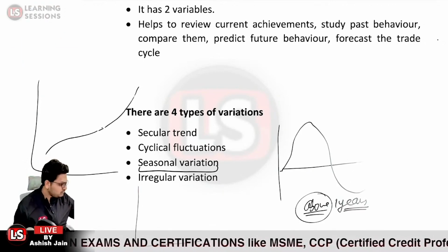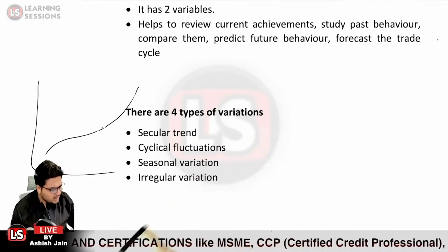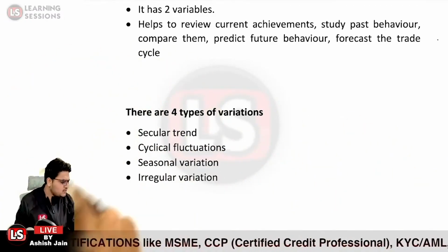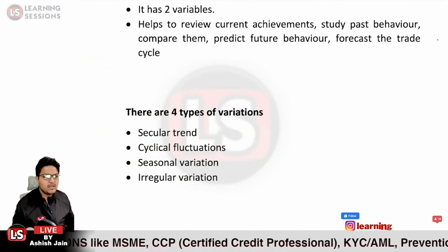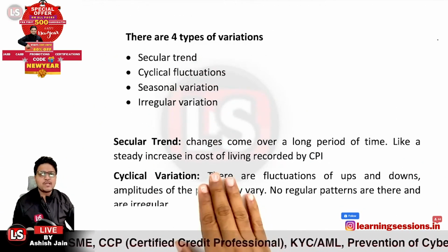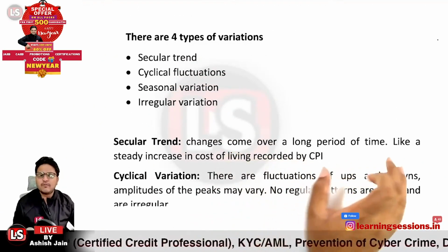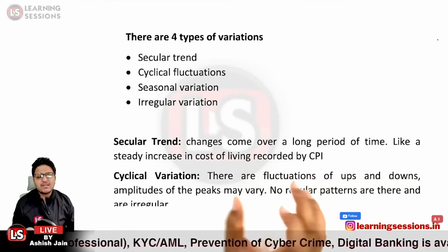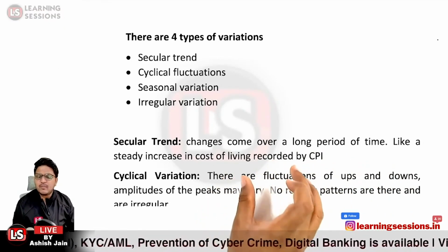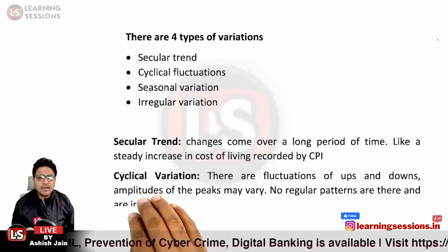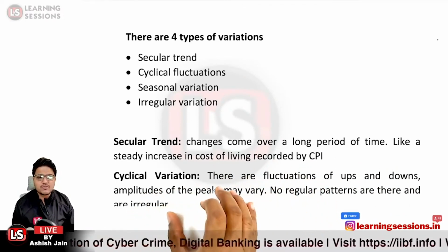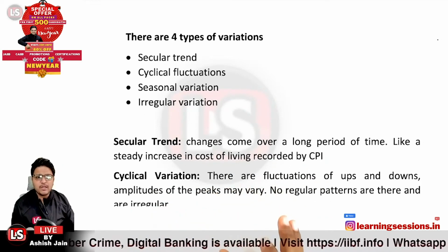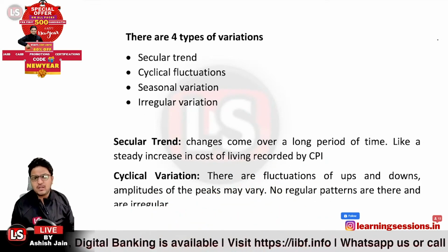that clear? So now let's consider the theoretical part related to these four variations. Secular trend is related to changes over a long period of time, like a steady increase in the cost of living recorded by the CPI. And cyclical fluctuation is related to ups and downs, where the amplitude of peaks may vary.